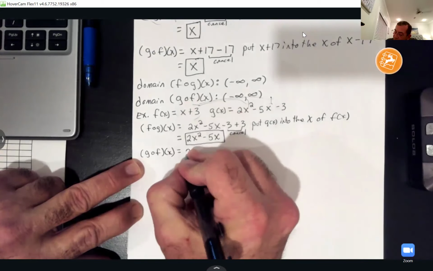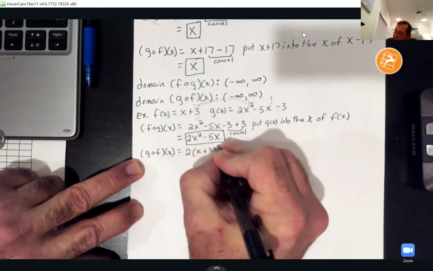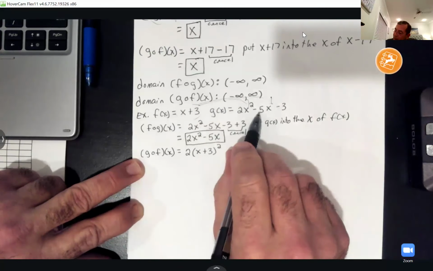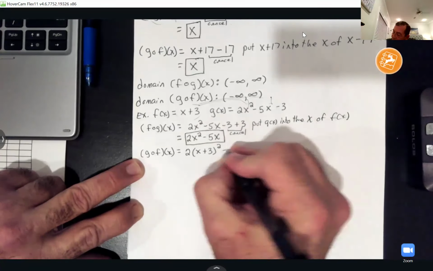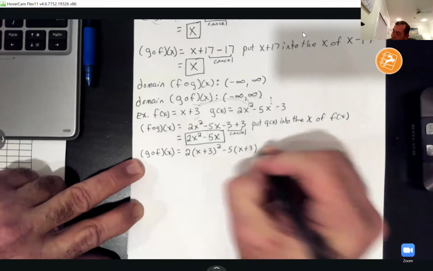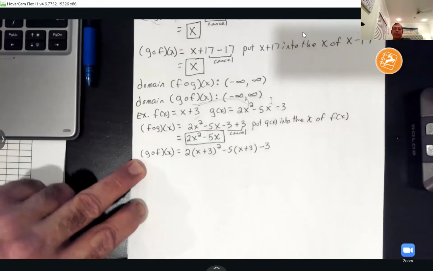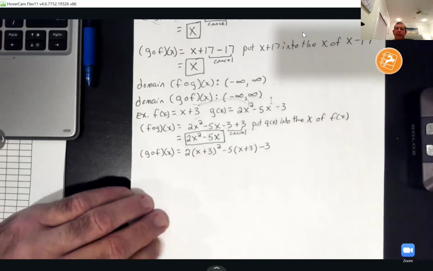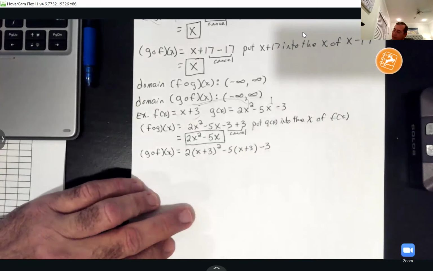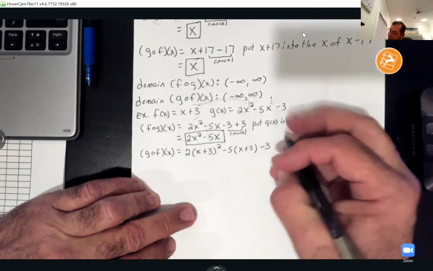So we'll have 2 times x plus 3 squared minus 5 times x plus 3, and then at the end, minus 3. So this one, we put f of x into the x of g of x.